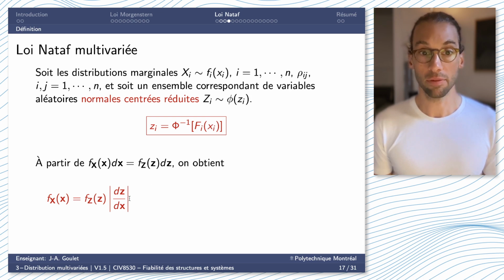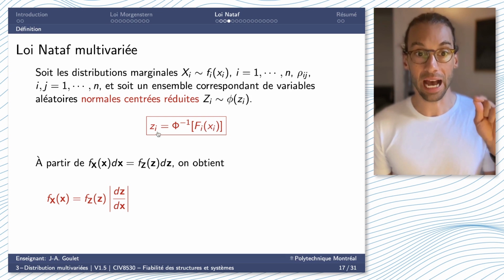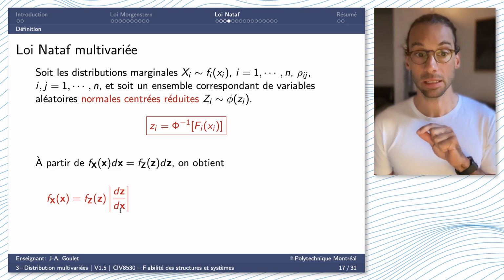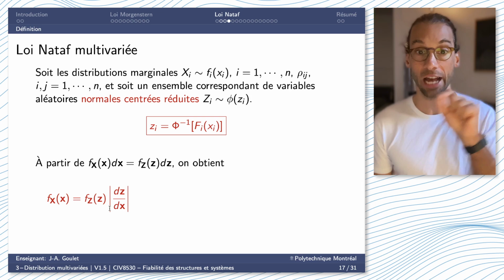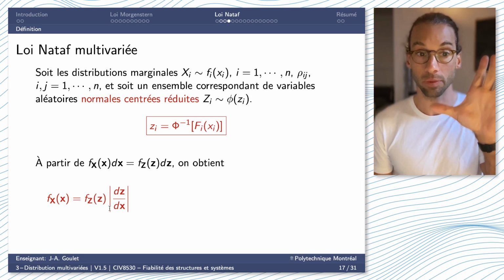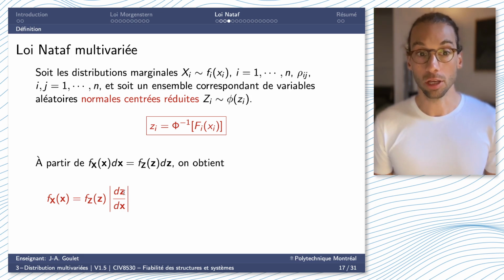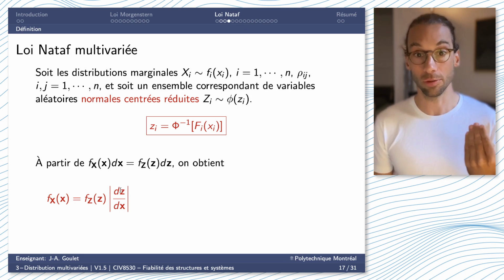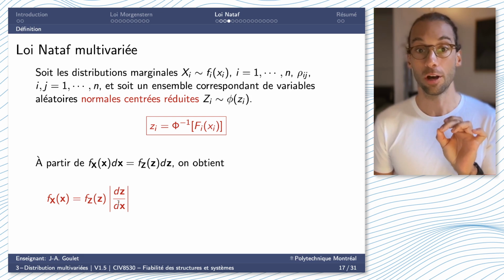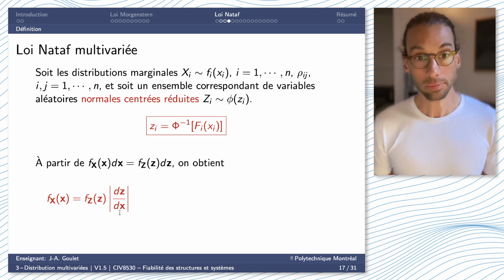So if I have n variables, this is going to be an n by n matrix. And since each of those transformations for a zi only involves a single xi, this Jacobian matrix is going to be diagonal. I'm going to have only non-zero terms on the main diagonal. And the determinant of a diagonal matrix is going to be the product of the terms on the main diagonal.